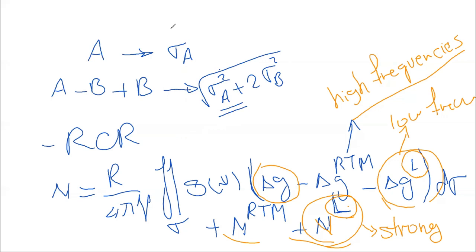So when you assume that the gravity, or the low frequencies, are known, it means that they are absolutely correct. So if this is so, you disregard the errors of this model.